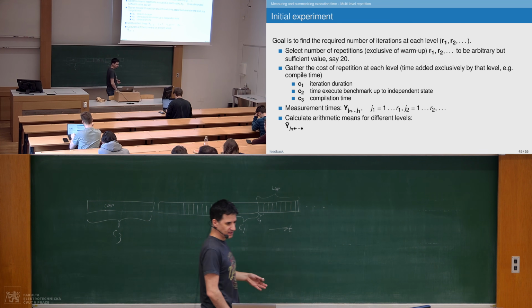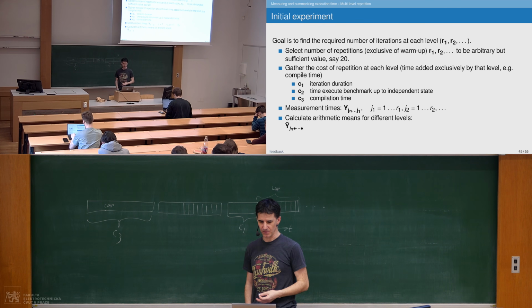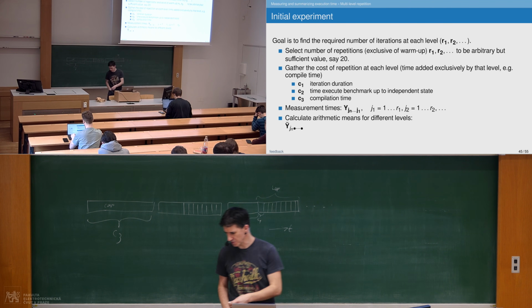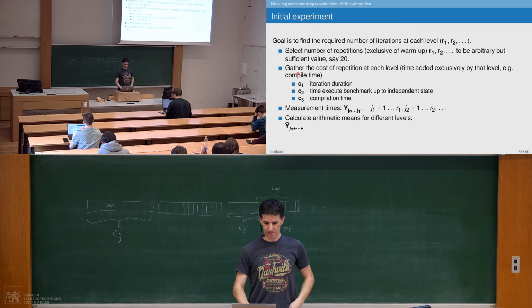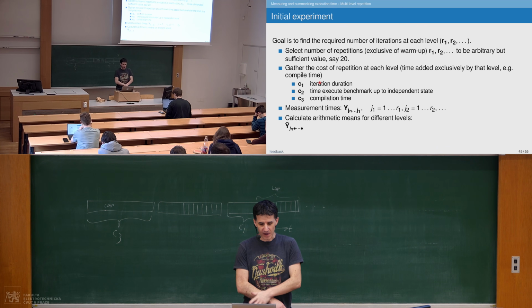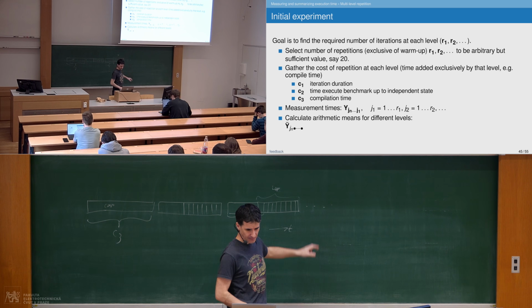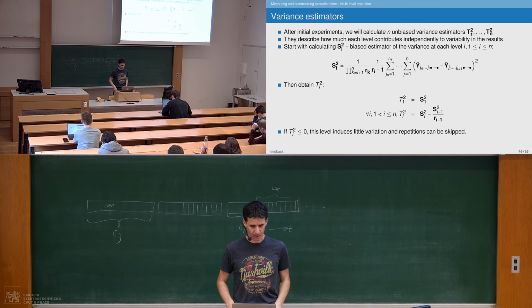So these things are the inputs to this analysis, to these formulas, and so you know what is the overhead of every iteration at different levels. You measure some times of those iterations here or here, and then you perform some calculations.